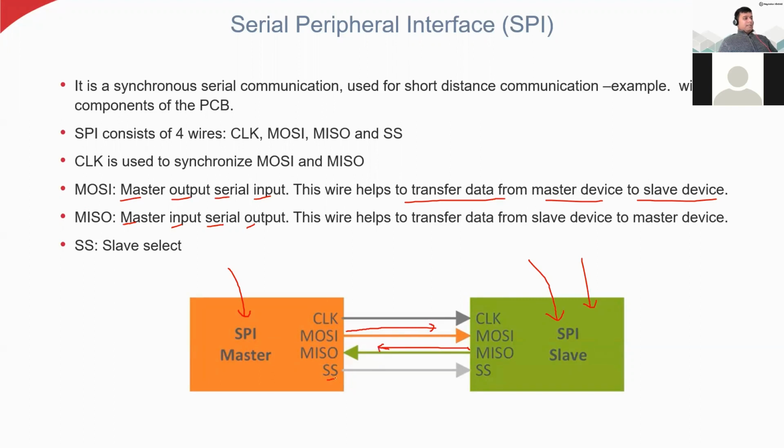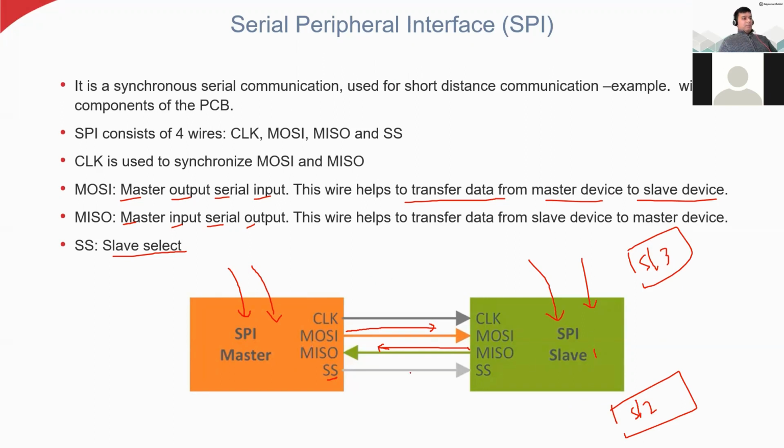And we also have the SS. SS means slave select. In serial peripheral interface, we have only one master, but there can be several slaves. So maybe this is slave 1, this is slave 2, and this is slave 3. This master will select which slave it's going to communicate with.